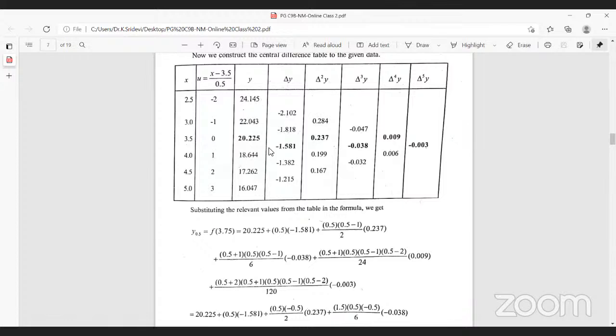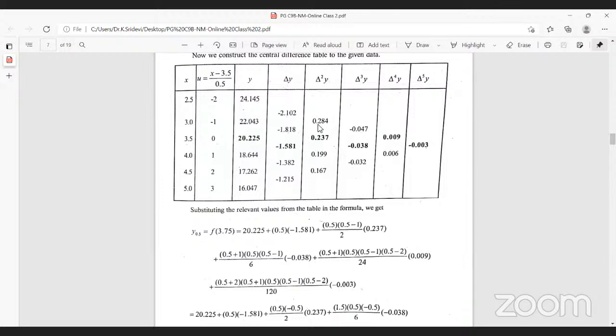Now you know how to construct the difference table. This value is the difference between the two, this one minus this one, and so on for each. Use the calculator to get all the values.